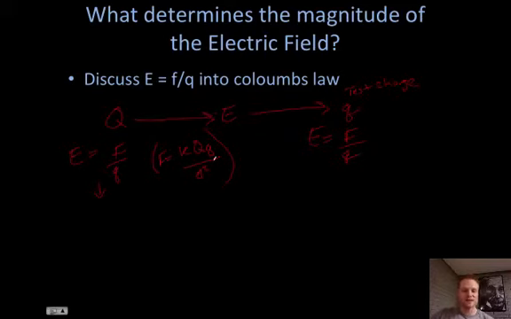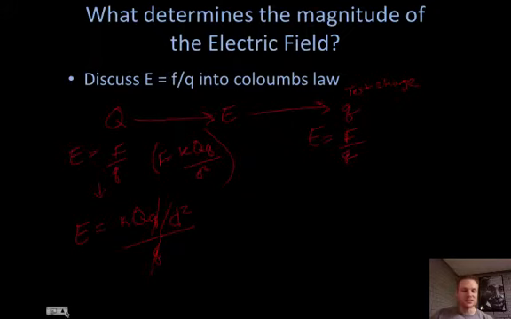So I'm going to insert that piece into this right here. It would look something like this: big E equals K times big Q times little q over d squared, all over little q. One thing you may notice right away is that I can cancel these little q's.